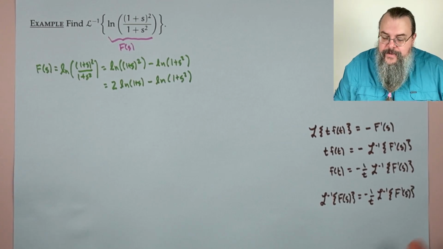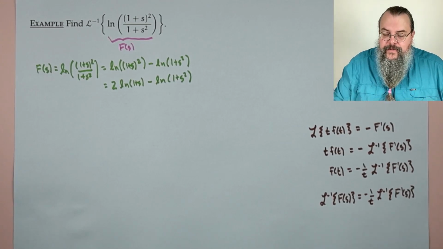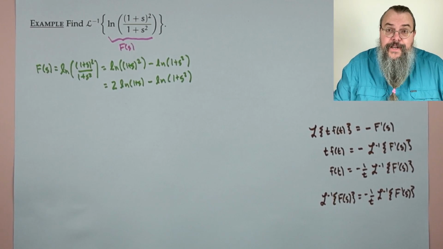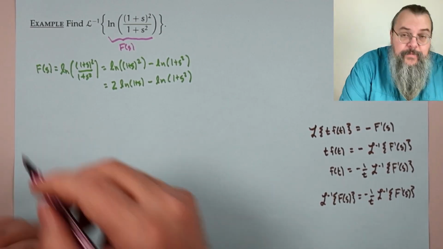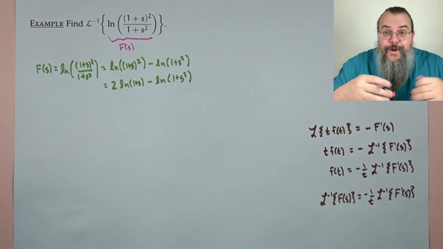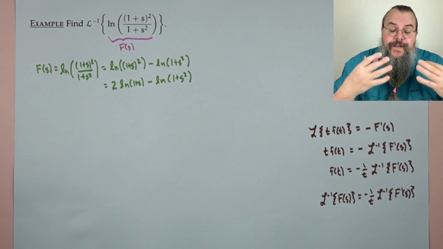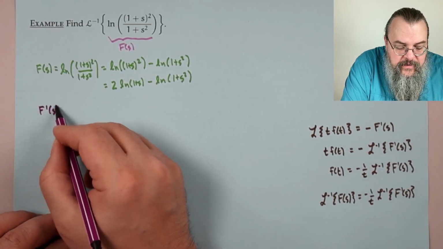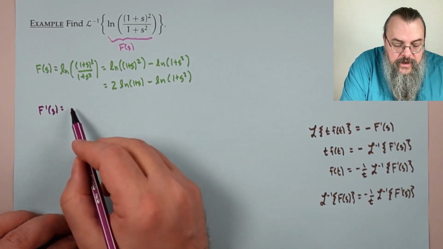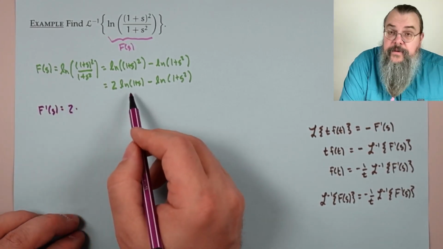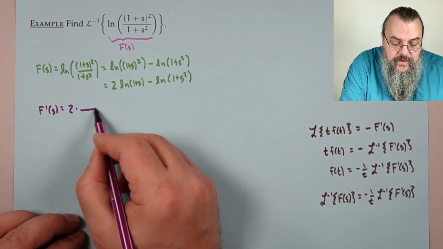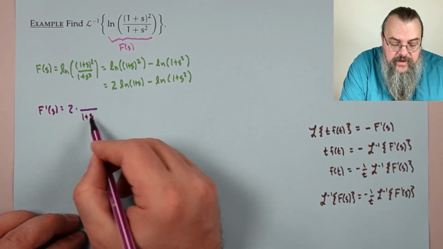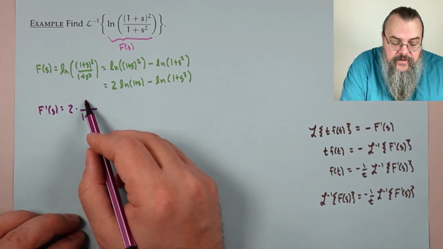Now we're after f prime of s. So let's find f prime. And because we've done our homework pulling things apart, it'll be more straightforward. So f prime of s would be 2 times... Now the derivative of log of something: you put the inside downstairs and take the derivative of that upstairs.